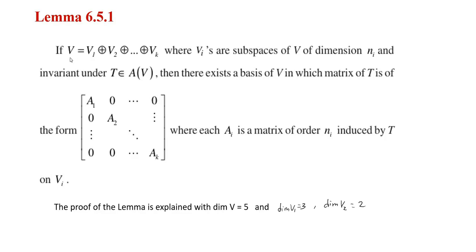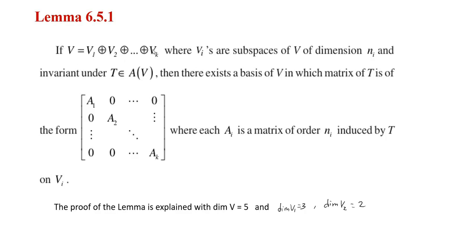So the statement goes like this: if V is the direct sum of V1, V2, and so on Vk, where Vi is a subspace of V of dimension Ni, that is V1 is a subspace of V, its dimension is N1, V2 a subspace of V, its dimension N2, and so on, Vk a subspace of V of dimension Nk.